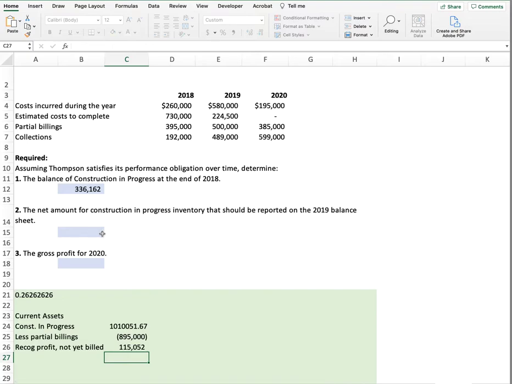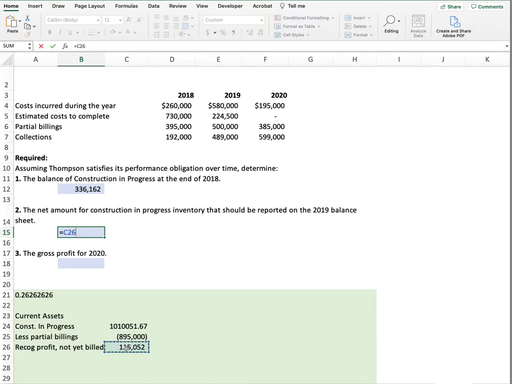And so that's the asset that we have, that it's a current asset because it's construction that's been completed, recognized profit, but we haven't billed for it yet. And so that's going to be our construction in progress inventory at the end of 2019.